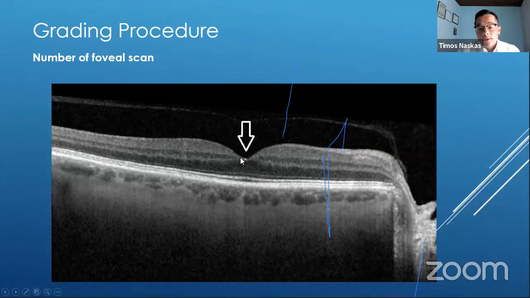What helped us determine that point was a small point of hyperreflectivity always present at the foveal dip, at the center of the fovea. Whatever characteristic we noted in the scans found in the OCT image was then translated into distance from the fovea.